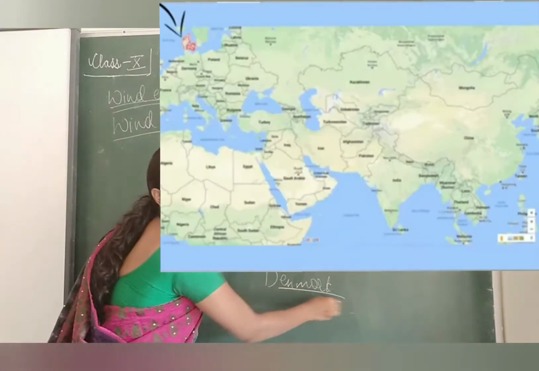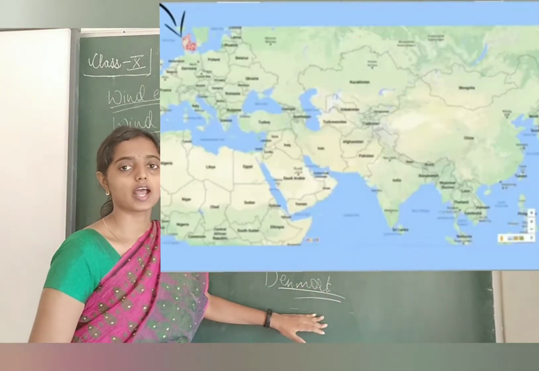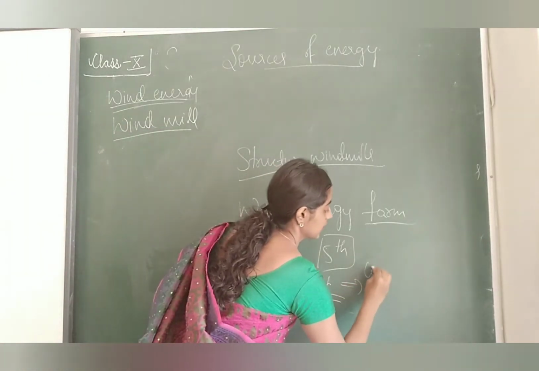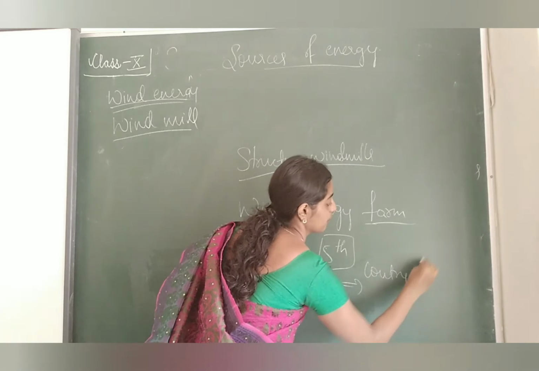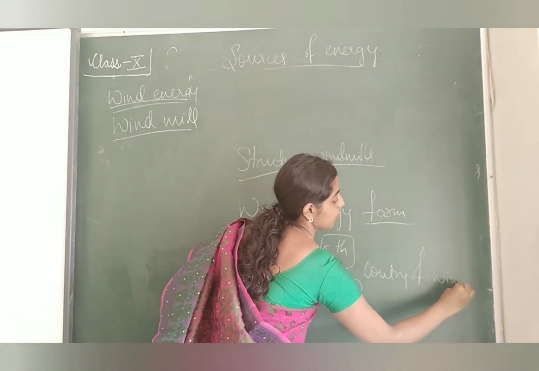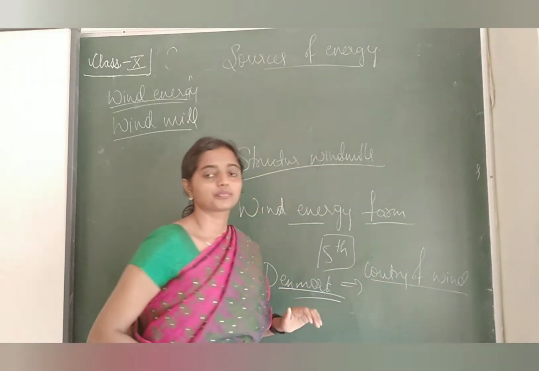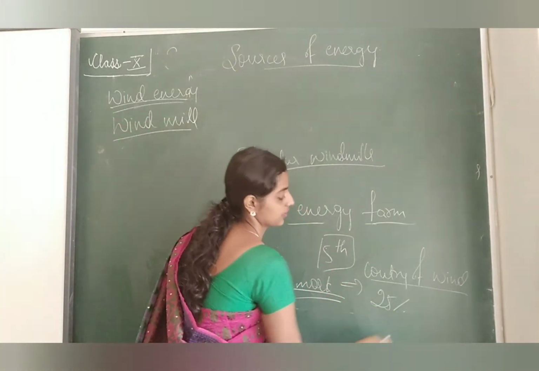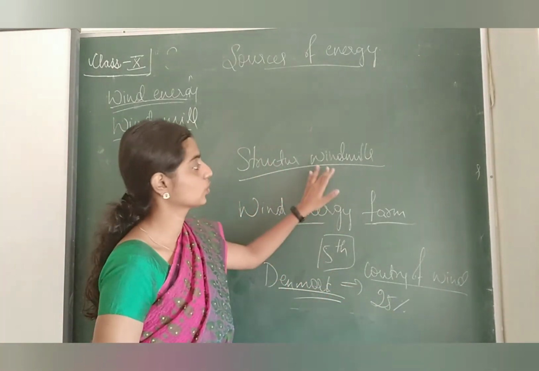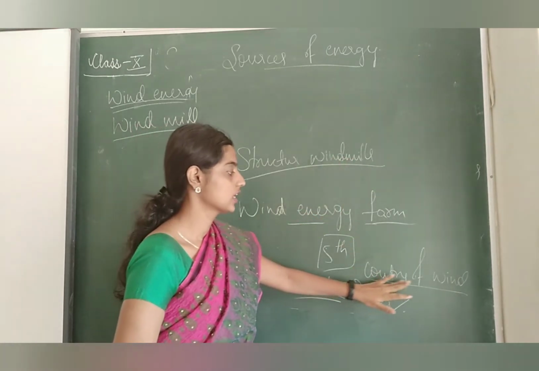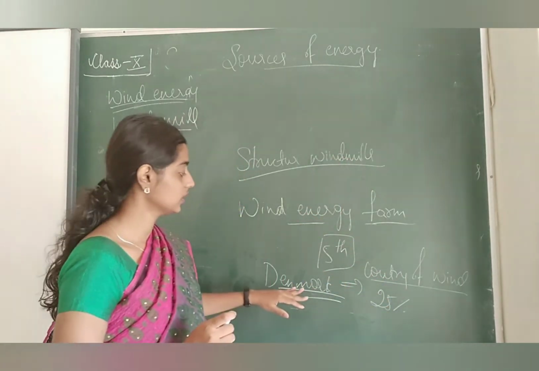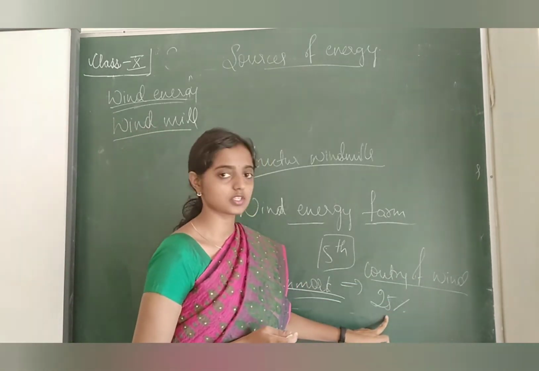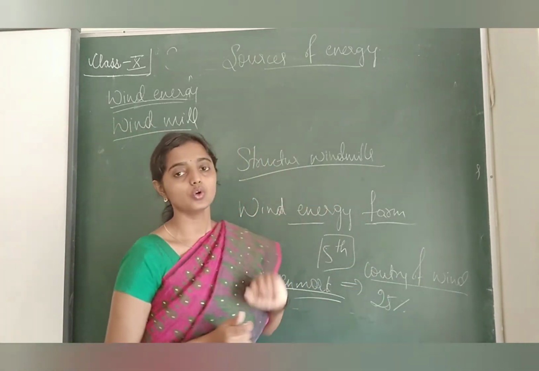Denmark is a country which is called the country of winds. This is because in this country almost 25% of electricity is produced only through windmills. Hence it is called the country of wind. So you should remember Denmark is called the country of wind.